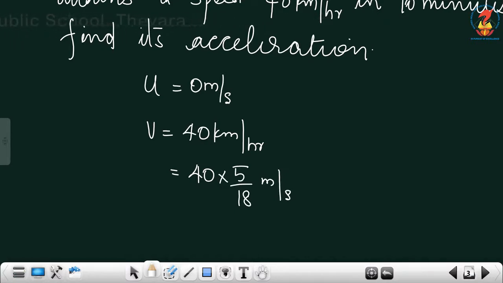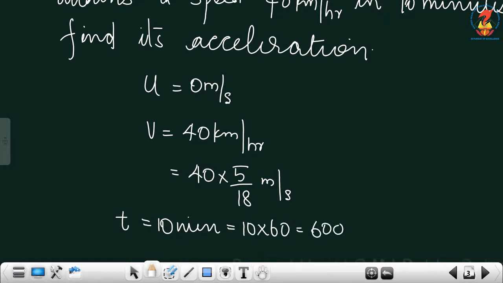Do the calculation. Then time is given as 10 minutes. So 10 minutes, convert it into seconds. So 10 into 60, that is equal to 600 seconds. Now you will write the equation.